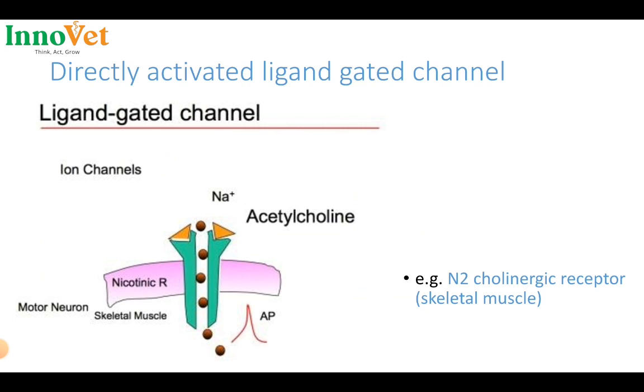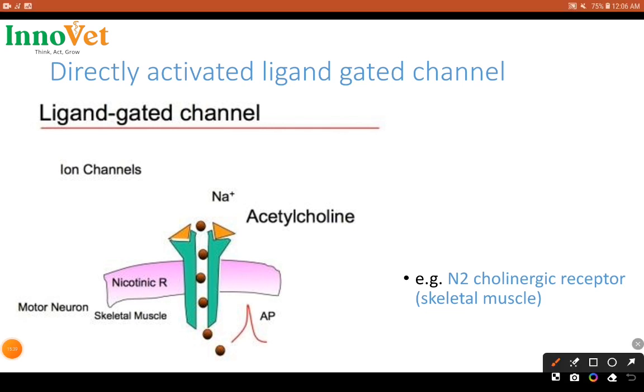Now let's look at the directly activated ligand-gated channels. Remember, we said we have directly gated ligand-gated ion channels, and then we have the G protein linked gated ion channels. So let's look at the direct ones.